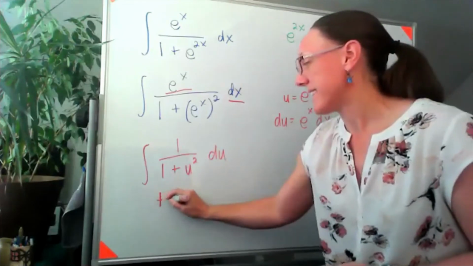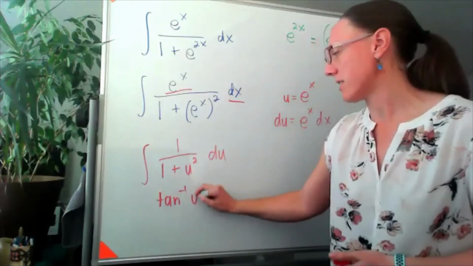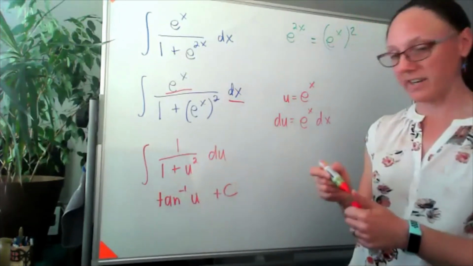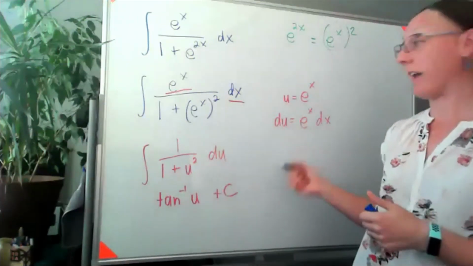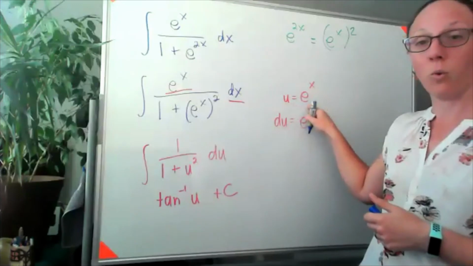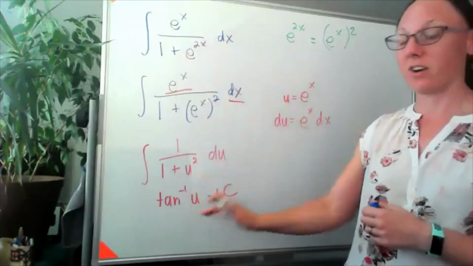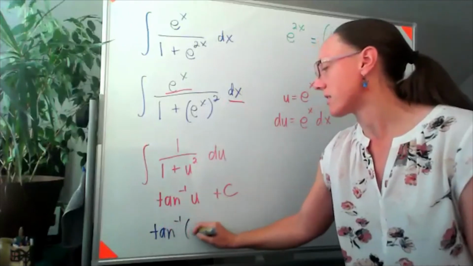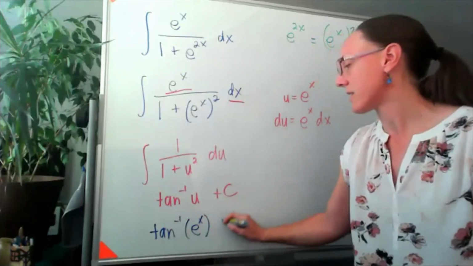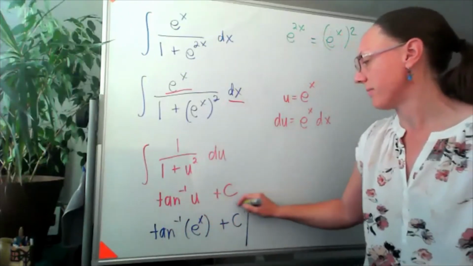So I'm going to get tan inverse of u plus a constant, and then our final step in that u substitution is to plug back in what our u was so that we're answering the question in x's. So I'm going to have tan inverse of e to the x plus a constant.